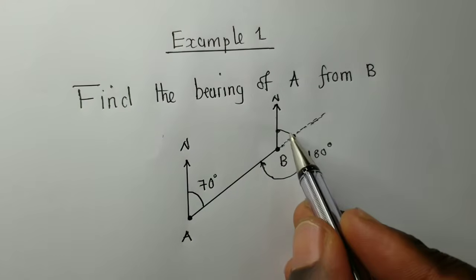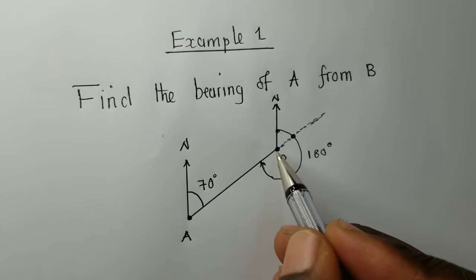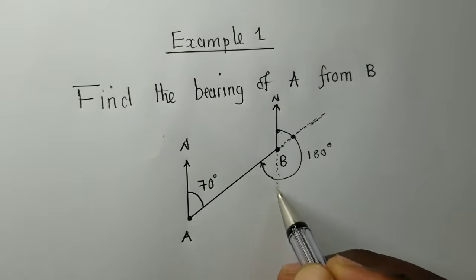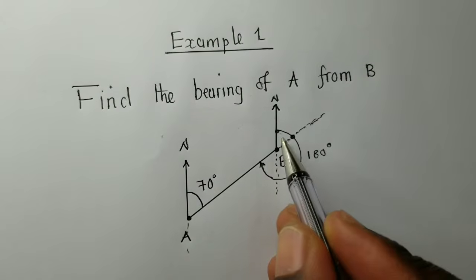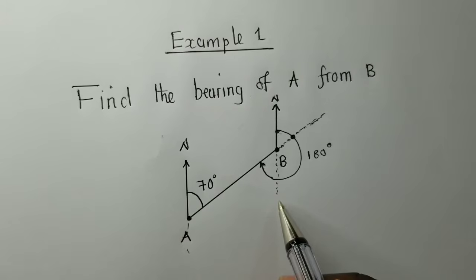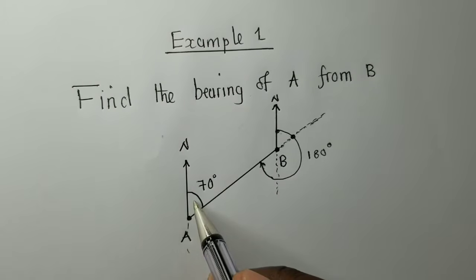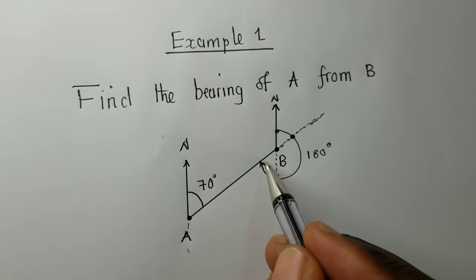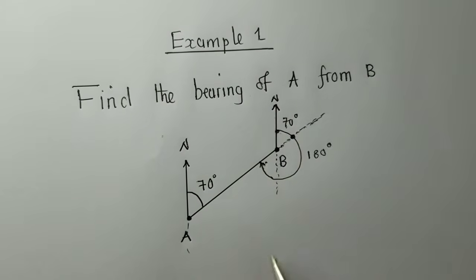So to get this angle right here, we're going to use property number 1. Look, if we extend this and this, we have two parallel lines. This line and this line right here. So meaning if this angle is 70, this is also 70 right here. If this is 70, the opposite angle here is also 70 degrees. Using this property, let's check the property here.